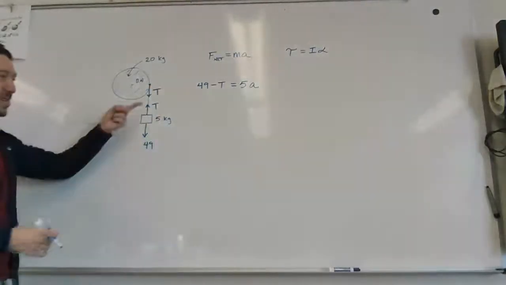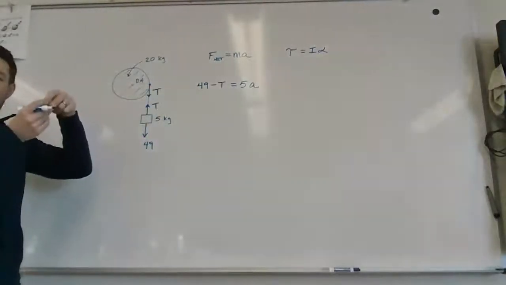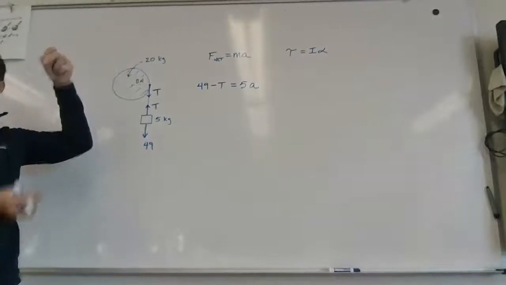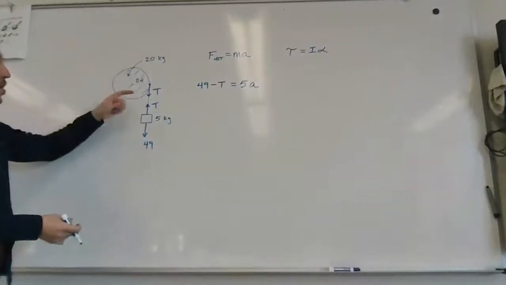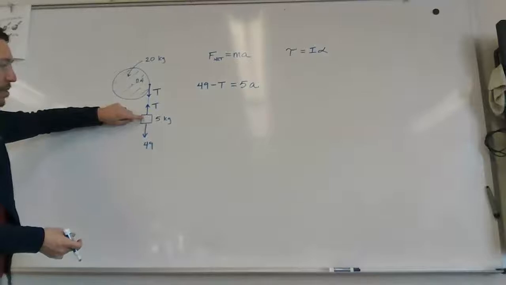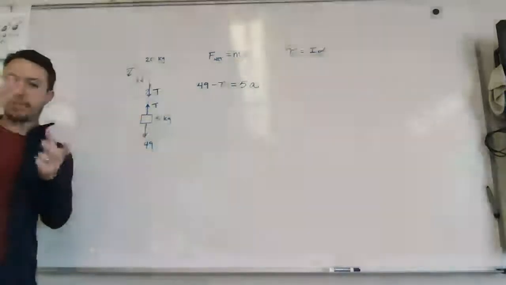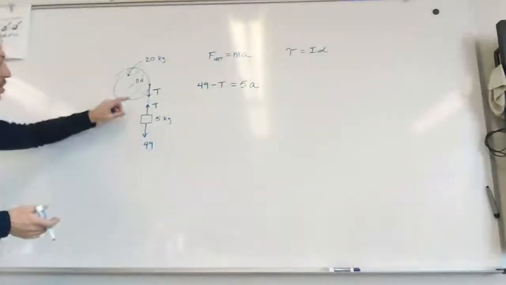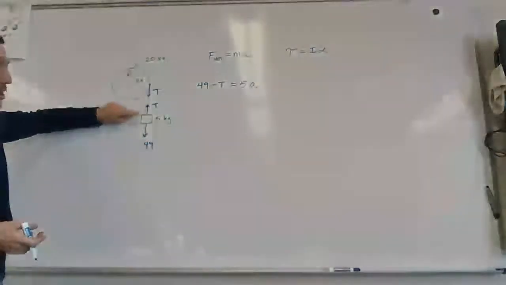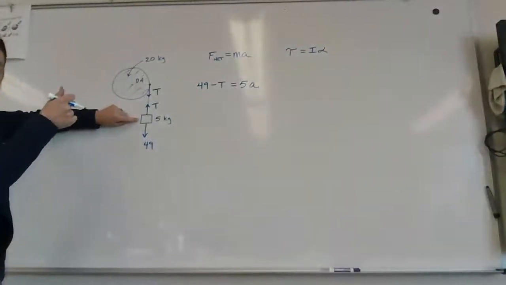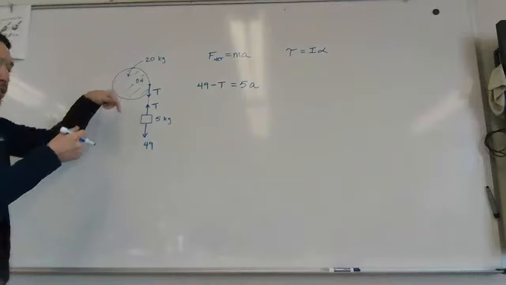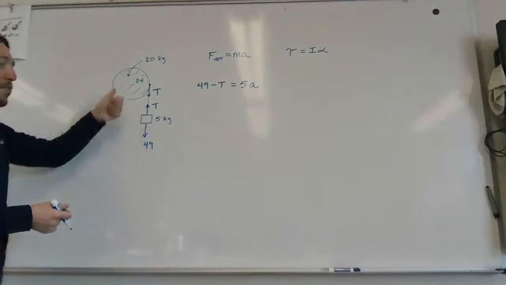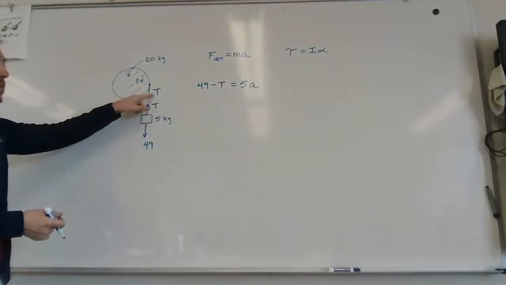The answer is it's the same T, because the tension exists throughout the string equally. You remember the Atwood machine, the two blocks on a pulley. The tension that's trying to pull this block up, we know the block's going to go down, but the tension exerting an upward force on the block is equal and opposite to the tension up here.